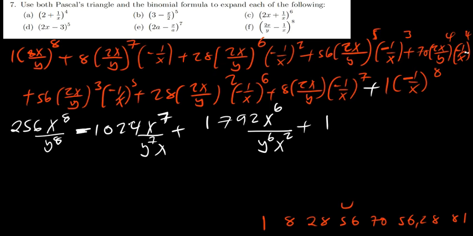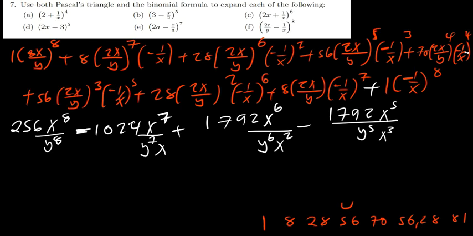Now this is going to be negative because of this raised to the power 3. So I'll end up having negative 1792 x to the power 5 divided by y to the power 5 and x to the power 3.